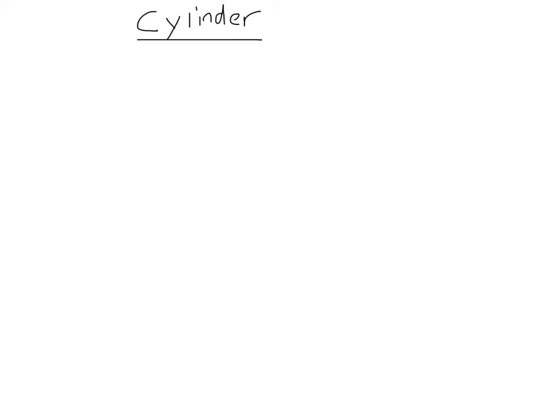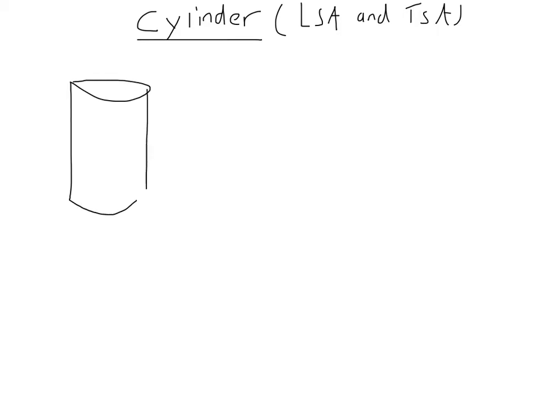So here we're talking about the cylinder. We're going to talk about the lateral surface area and the total surface area. Okay, so here we have a cylinder. Now, for the lateral surface area, we'd have a radius right here.